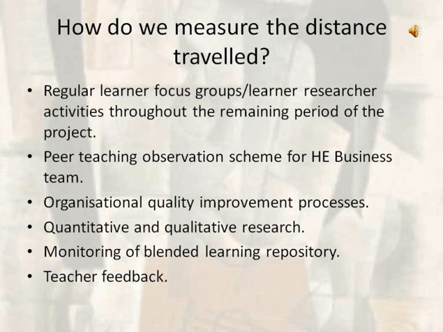We have the organisational quality improvement processes, so we have the mock inspections and the school inspections, etc., to help us measure. We have quantitative and qualitative research, which is being conducted by one of our project team, and that will be pulling more and more data and research in during the rest of the project.